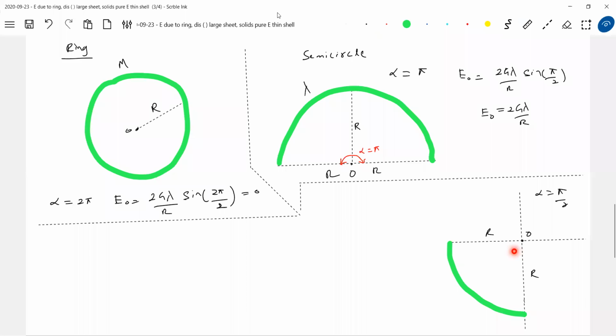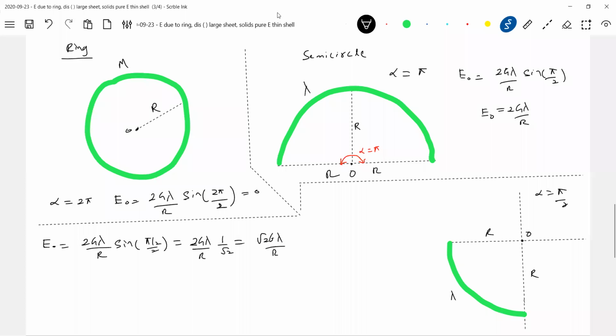This angle is alpha, and let the linear mass density be lambda. First we'll get into the magnitude part. E should be equal to 2g lambda by r sine of alpha by 2. Alpha is pi by 2. So this will become 2g lambda by r sine pi by 4, which is 1 by root 2, or root 2 g lambda by r.